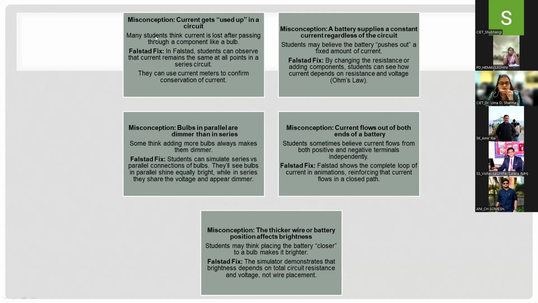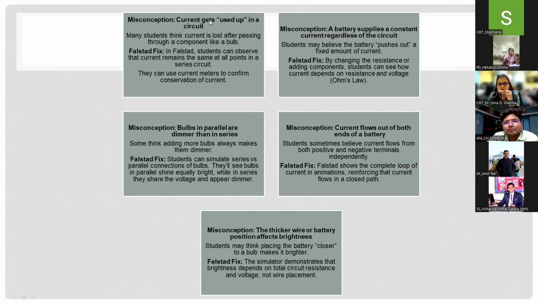Also, they think that current gets used up in the circuit. Though it is voltage that is used up, not current. As a whole, charge is conserved. We know the conservation of charge: charge can neither be created nor destroyed. So it is the potential, some form of energy, that is released, not the charge or the current. This misconception also gets cleared.